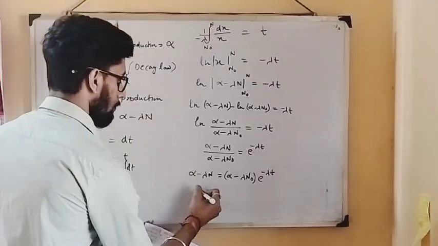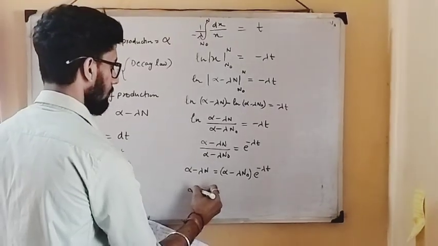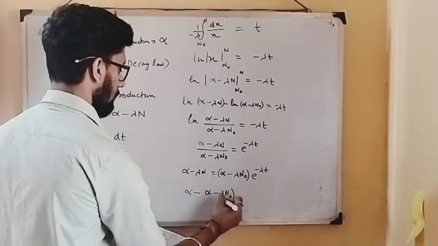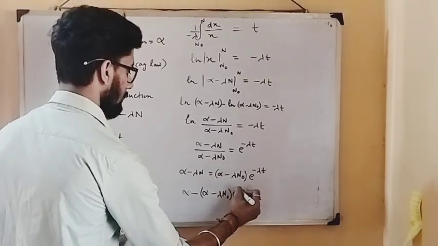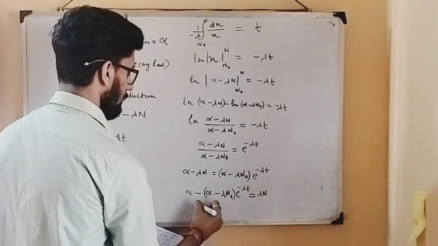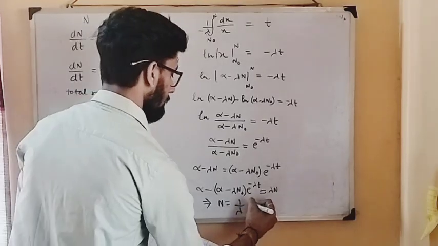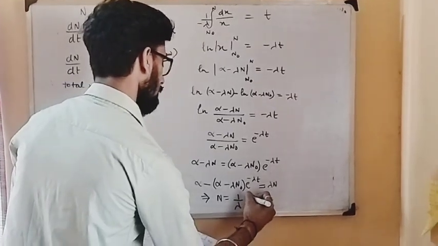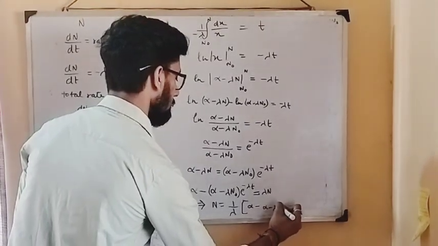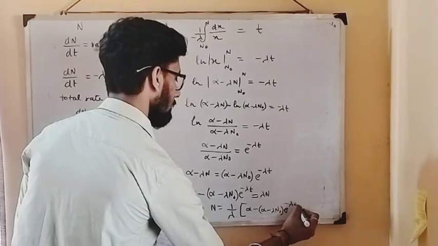Using this, if we want to find lambda n, that will be equal to alpha minus lambda n naught into e raised to power minus lambda t. This implies n will be equal to 1 upon lambda into alpha minus lambda n naught e raised to power minus lambda t.